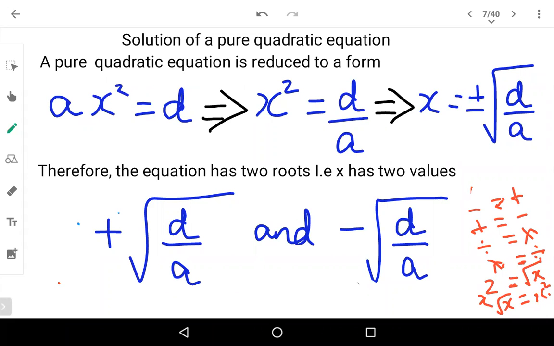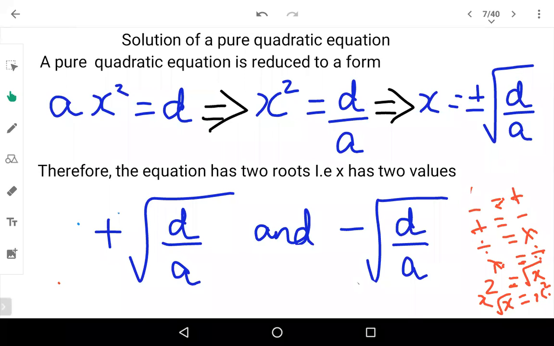Understood the logic? Plus will become minus, minus becomes plus. Similarly, if you see here, there is x square. If I want to take it to the other side, it will become square root. That is important to understand.